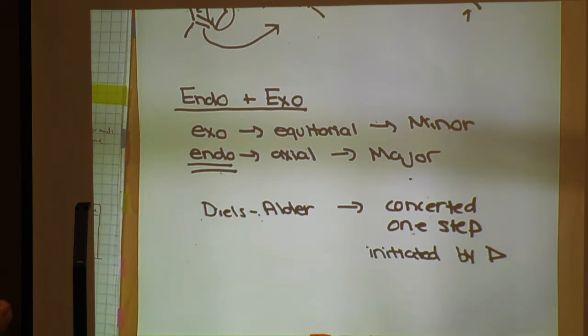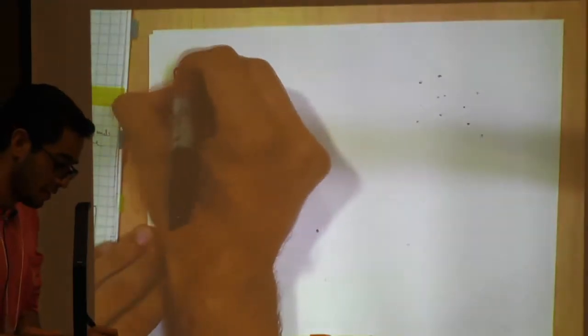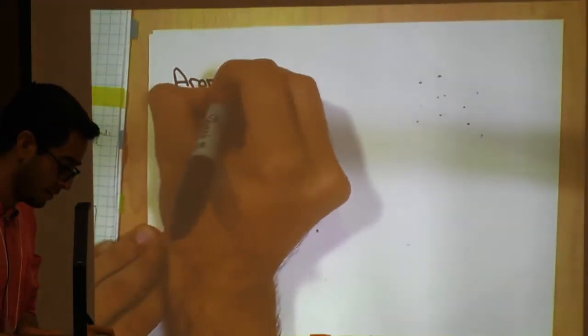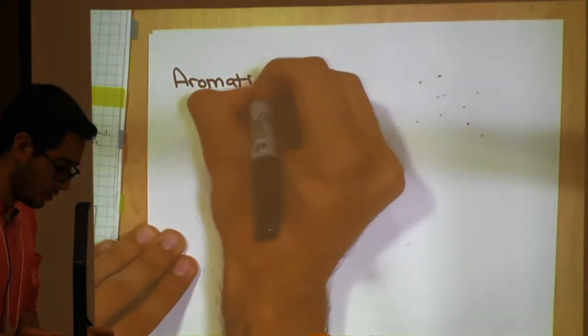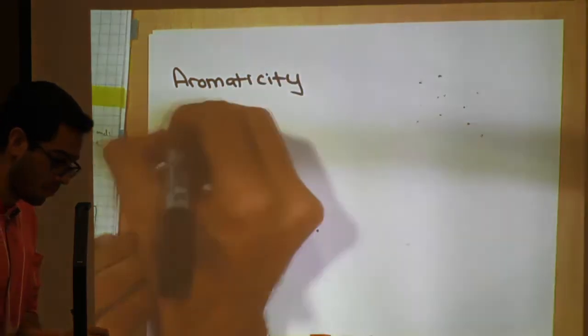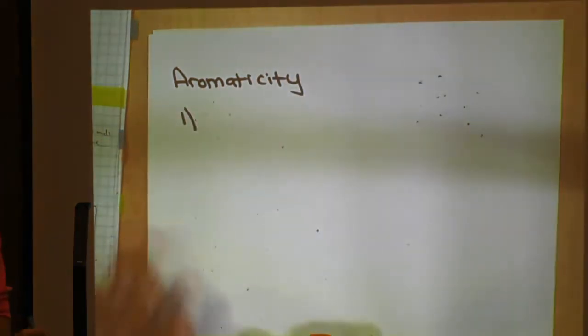Okay, so going on to the next thing. Now we're talking about aromaticity. Aromaticity is not too difficult as long as you remember the rules. There are 4 rules that must be followed.